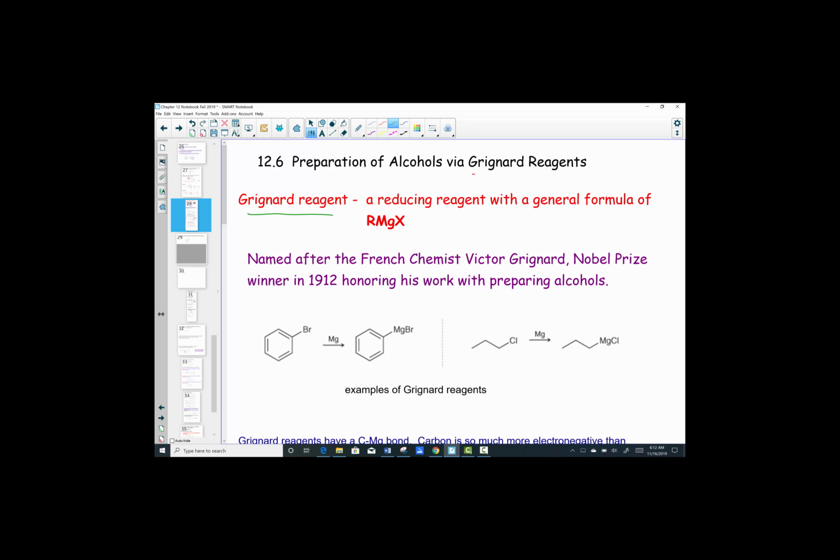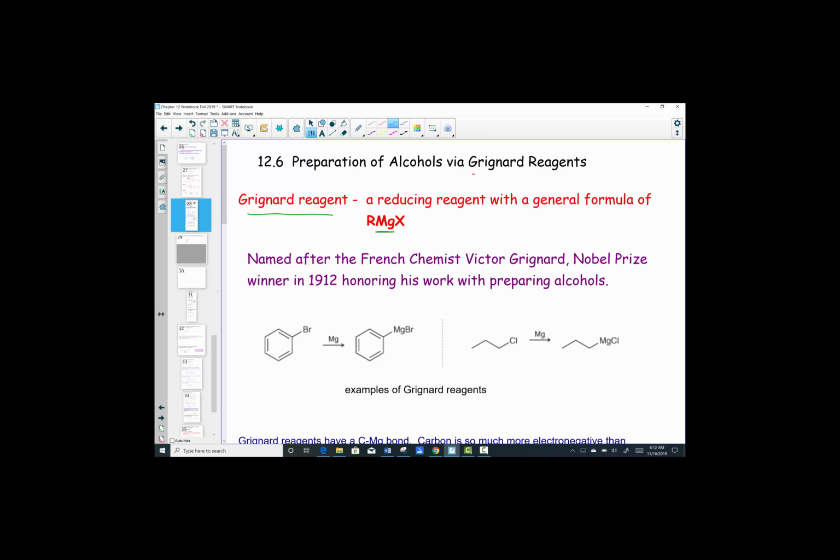When I hear Grignard reagent, I want you to think about magnesium, with a general formula of RMgX. This is named after the French chemist Victor Grignard, who won his Nobel Prize in 1912 for his work on the preparation of alcohols.